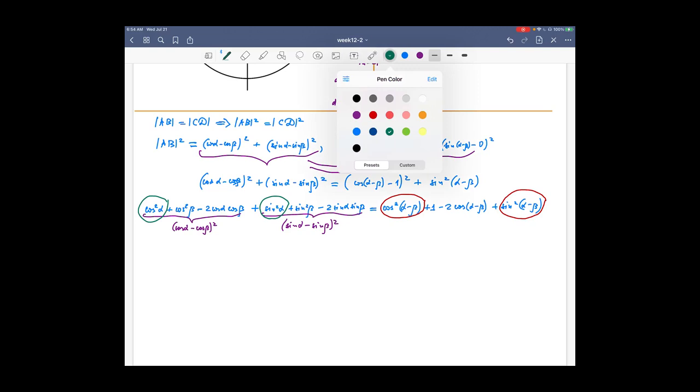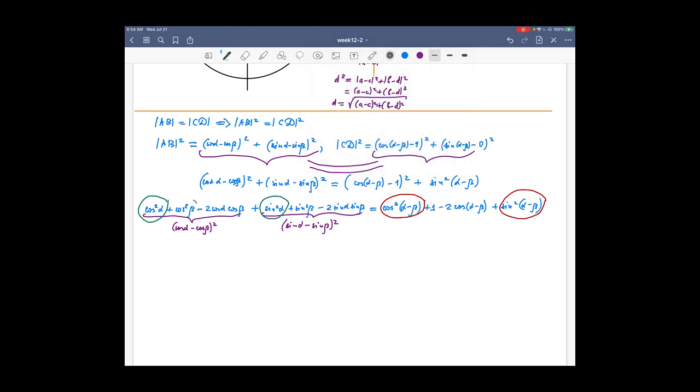And finally, cosine squared beta and sine squared beta add up to 1. So we have two ones here, and we have two ones on the other side.